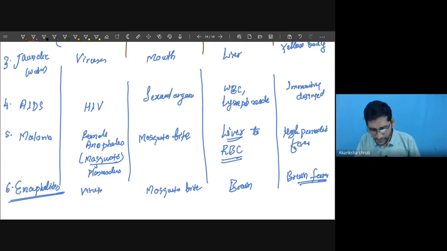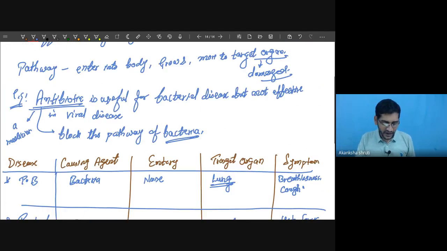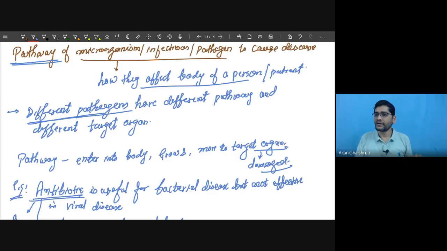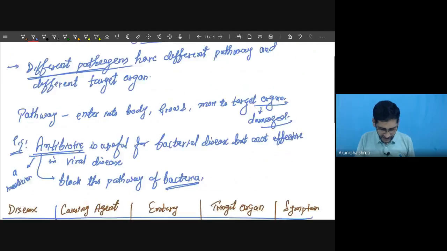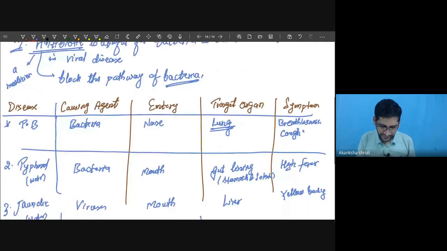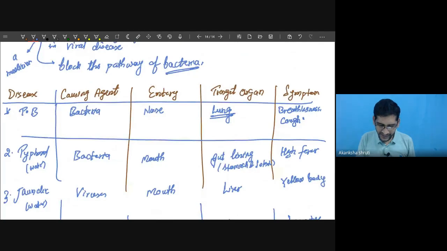So this is all about the pathway, how the pathogens enter into our body. What is the mechanism of entry, which organism causes it, from which point, how it damages, and what symptoms or features develop.